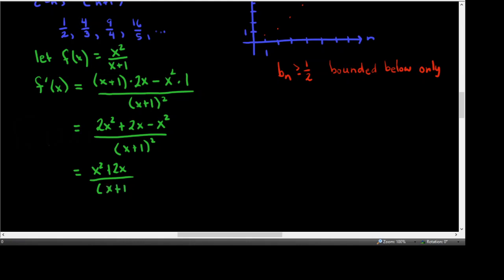And when I'm trying to find increasing, decreasing, one of the things we're going to do is find our critical numbers. This is a Calculus 1 idea.